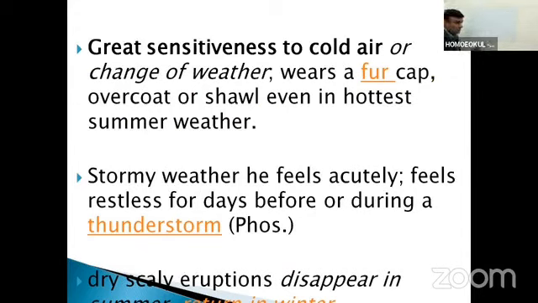Okay, so in this reference, aggravation from thunderstorm starts from Agaricus, Gelsemium, Petroleum, Phosphorus. So I already discussed. Yeah, and Rhus tox, Rhododendron, Sepia.